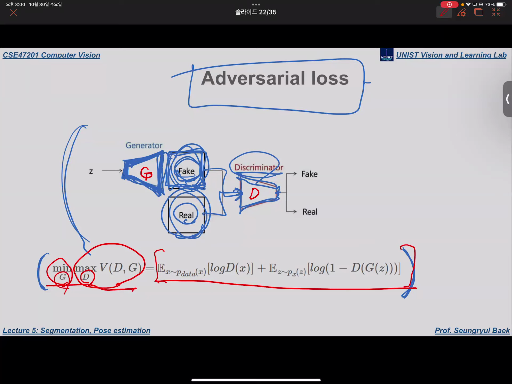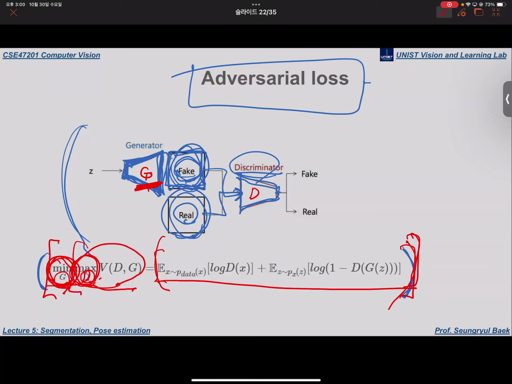When doing this, we will regard the generator as the constant, so actually we are freezing the generator while doing this, okay? And then we will freeze the discriminator D while we minimize this loss function with respect to G, okay?